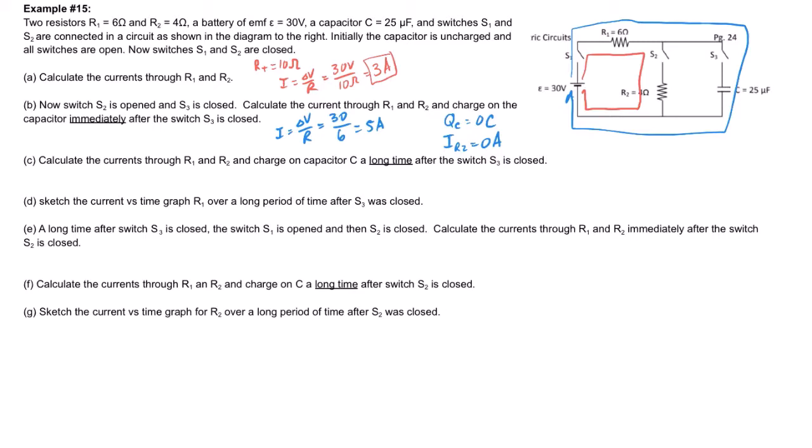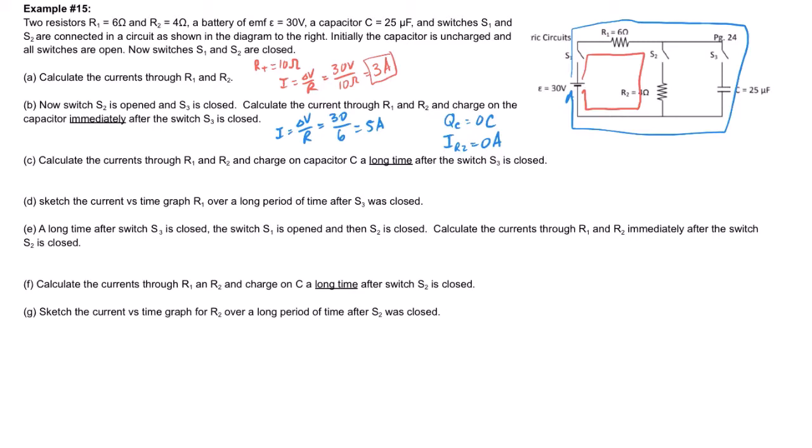So therefore, all of the potential must be lost in that resistor. Before, some of it was lost in the R2, which meant more total resistance, so less current. But now there's less resistance, so there should end up being more current going through that resistor. We've now answered all the questions for letter B.